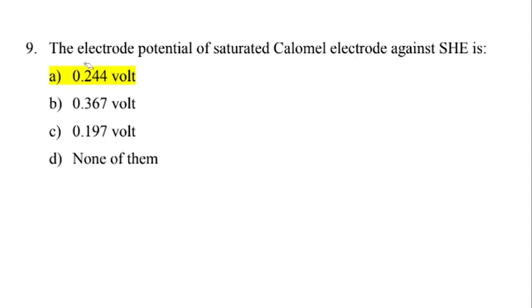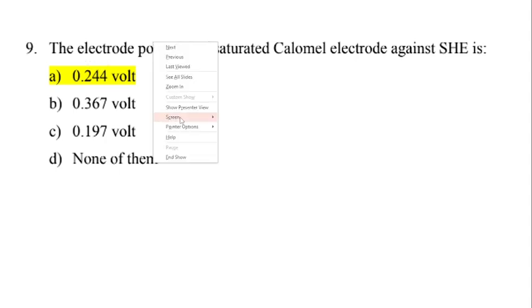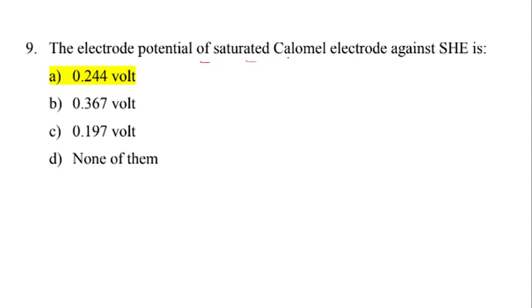Then question number 9. The electrode potential of a saturated calomel electrode against the SHE, the standard hydrogen electrode. Its potential is 0.0 volt.